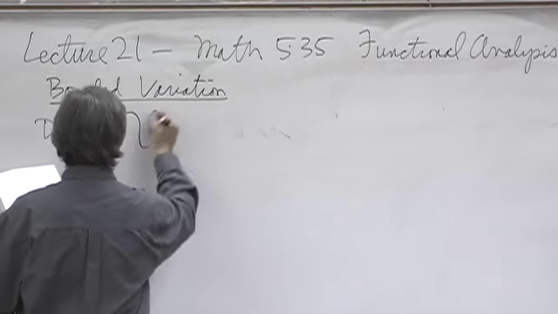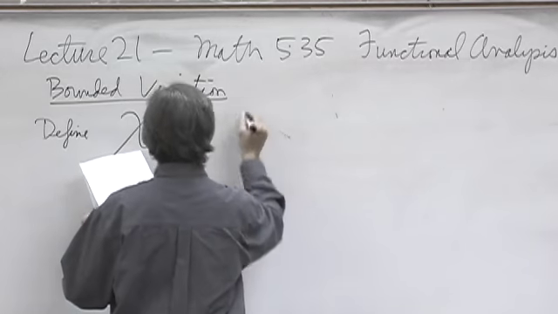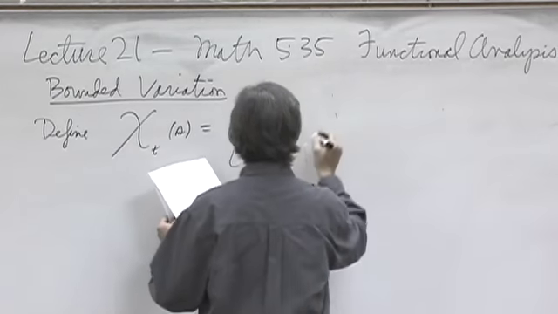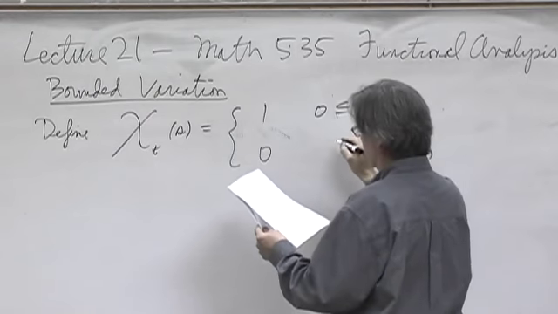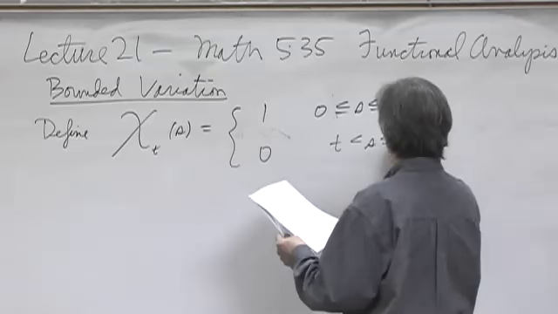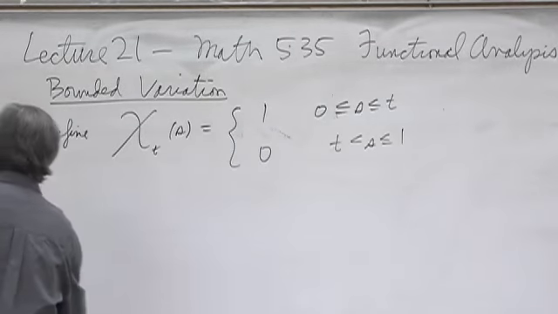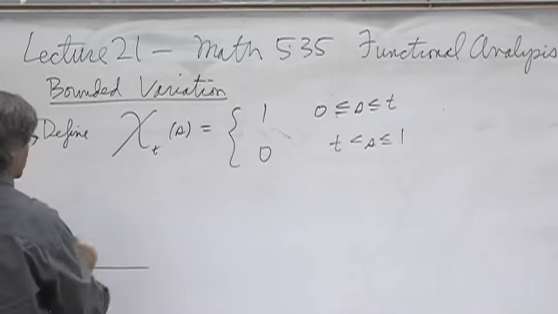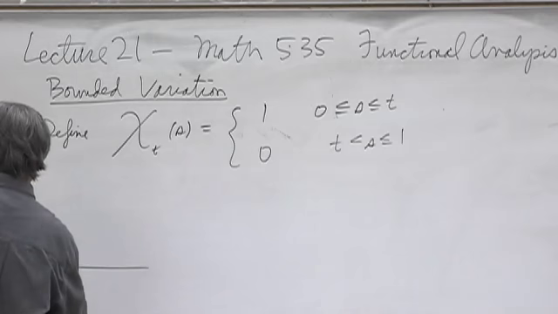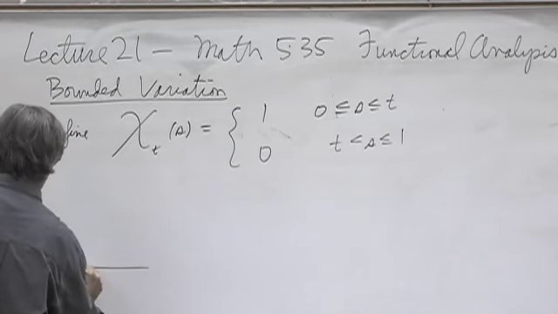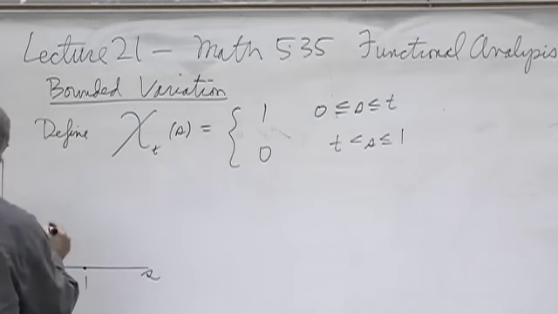Define the characteristic function chi sub t of s equal to 1 for 0 less than or equal to s less than or equal to t, and 0 for t less than s less than or equal to 1. So for each t, I get a function, and I'm just working on the unit interval here instead of the interval a, b. The independent variable is s, and t is a parameter.